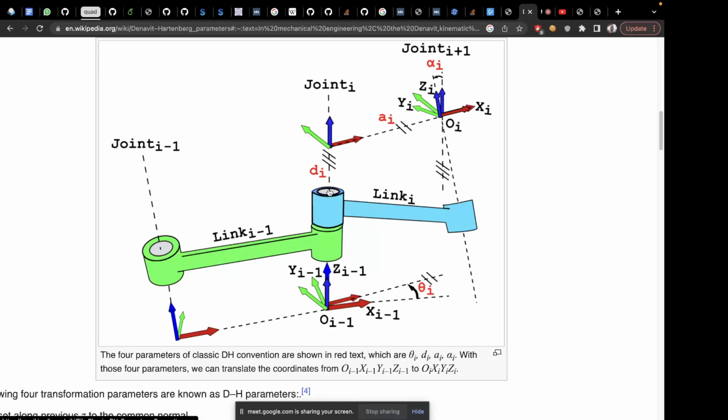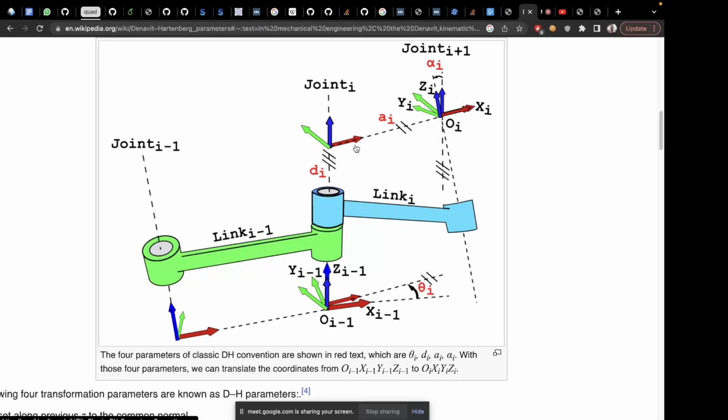It is the distance between the origin and the point where the common normal intersects the Zi minus 1. So Xi minus 1 and Xi and Zi minus 1 intersect here, and the distance between these two points is di, which is the joint distance.